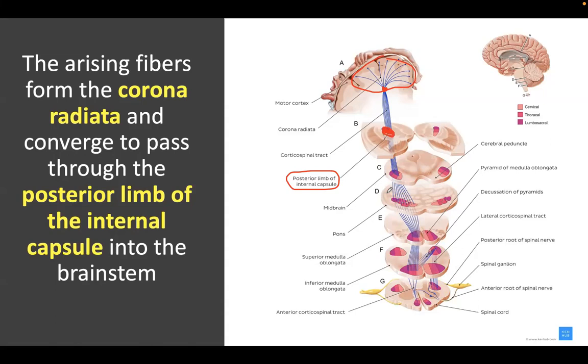If you remember, the brainstem is the midbrain, the pons, and the medulla. So memorize this. The arising fibers will form the corona radiata, and these fibers of the corona radiata will converge at the posterior limb of the internal capsule as it heads to the brainstem, particularly the midbrain.